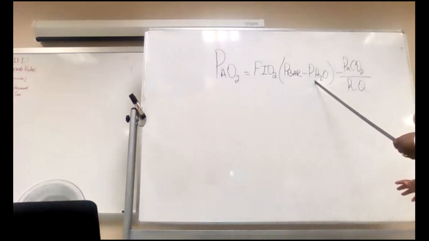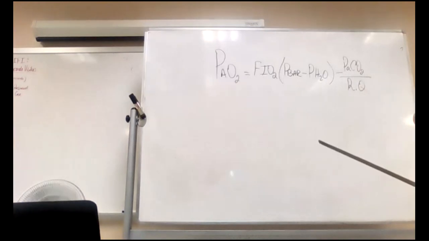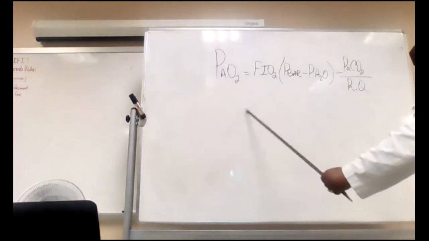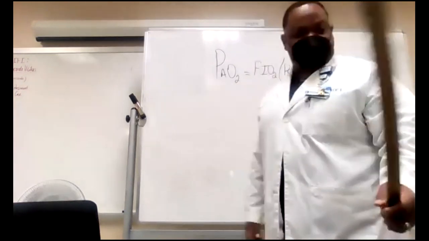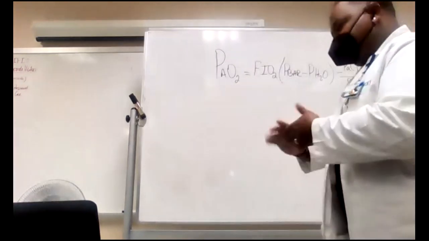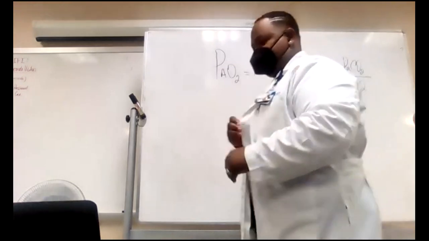You've got to get rid of that to understand what's just oxygen. Minus the pressure of arterial CO2 divided by the respiratory quotient. Okay? So this is abbreviations in action.